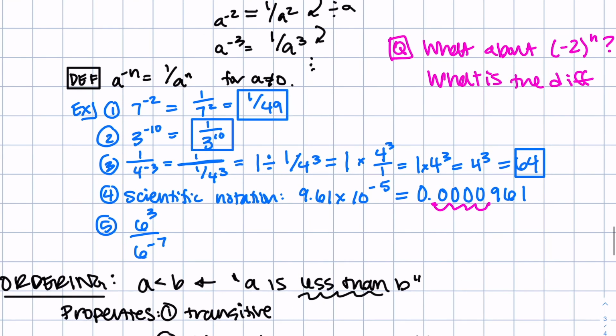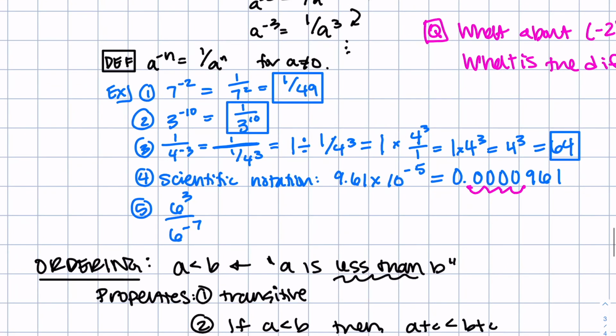Last little example here illuminates that we can use all the other same rules for exponents that we had before with positive exponents, and they work basically the same with negative exponents. So here, if I wanted to simplify this expression of 6 cubed over 6 to the negative 7th, I can just use the fact that this is 6 cubed, and I'm going to move that 6 to the negative 7 to the top by making it 6 to the 7th.